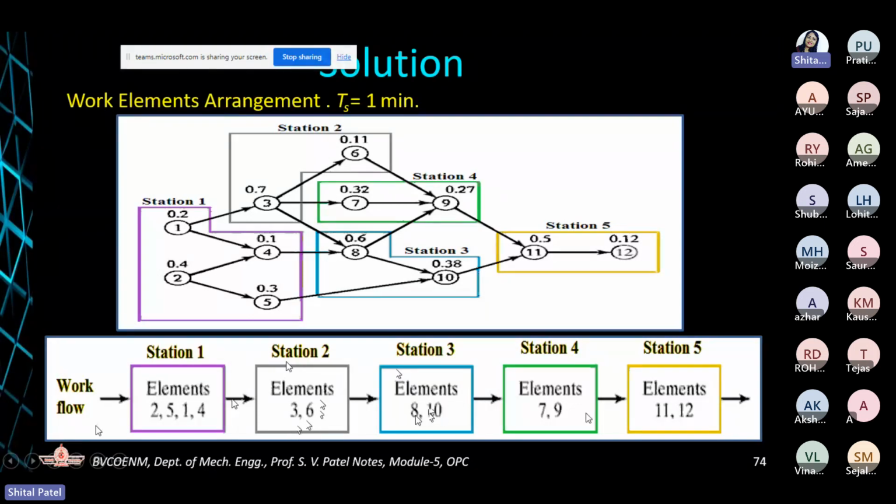It is again passed on to workstation number 4 where 7th and 9th activity is performed, and in the last the processing of 11 and 12 is performed, and then after we'll be having complete 1 unit of product. Am I clear with this till now?